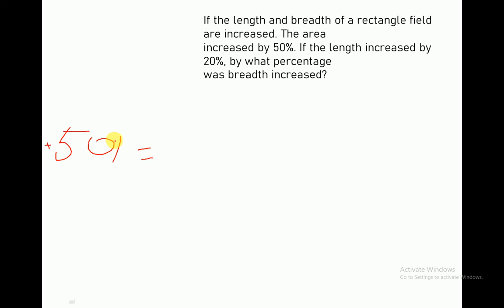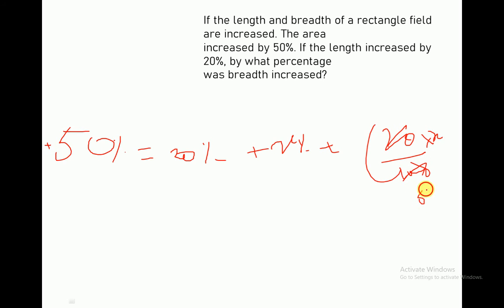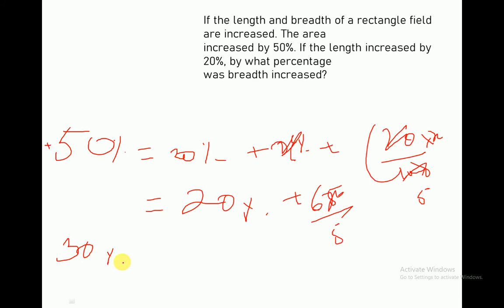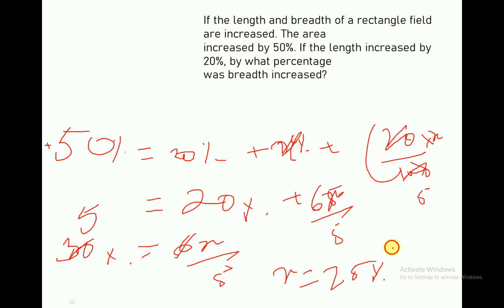Then solving: 20%, let the percentage increase be x%, plus 20 into x divided by 100. So this is 5, so this is x and this is x by 5. By adding we get 6x by 5. So now we have 30% equals 6x by 5. So 6 and 30 get cancelled, and we get x as 25%.